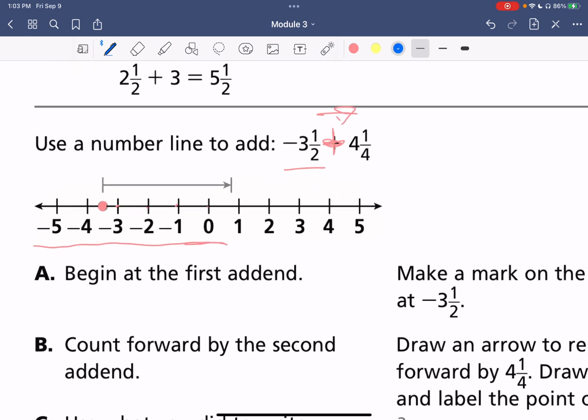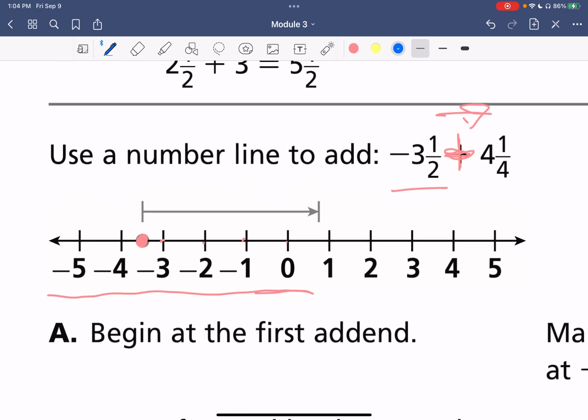So let's start by counting. We're adding, so we're going to go to the right. So 1, 2, 3, 4. Right now, we're at 1/2. But we need to add, and that's just adding our 4 here. We still need to add 1/4 extra.